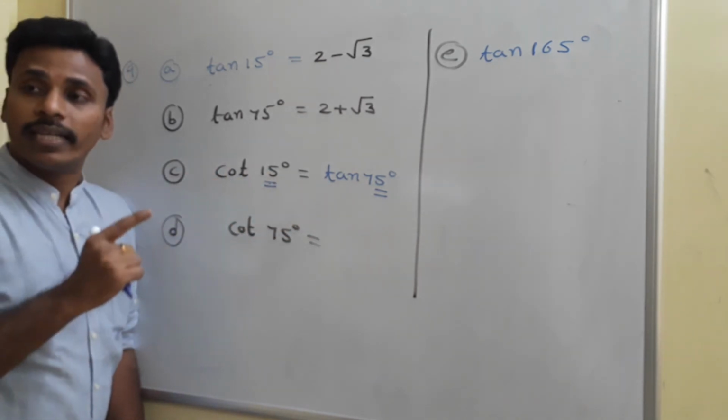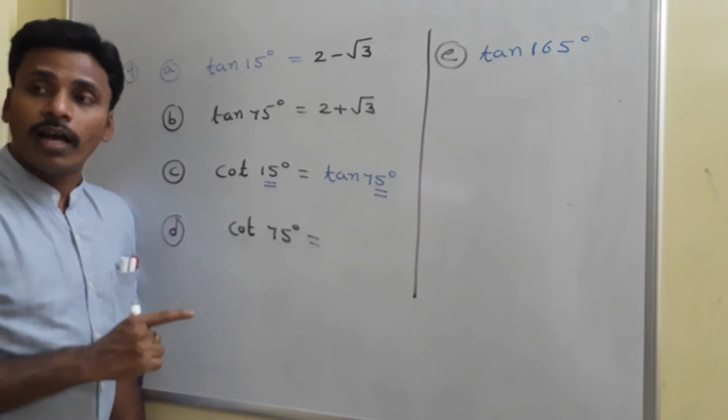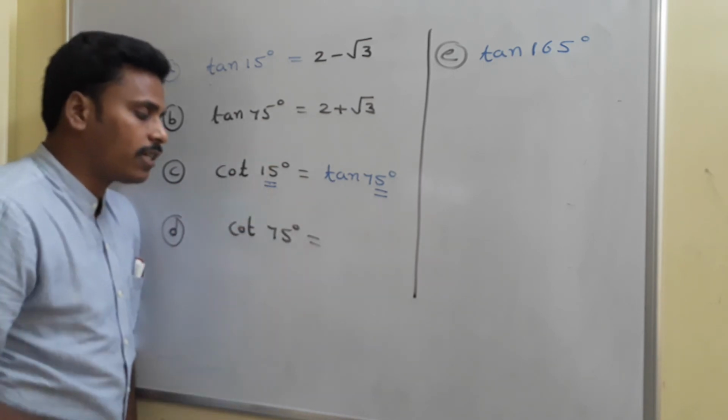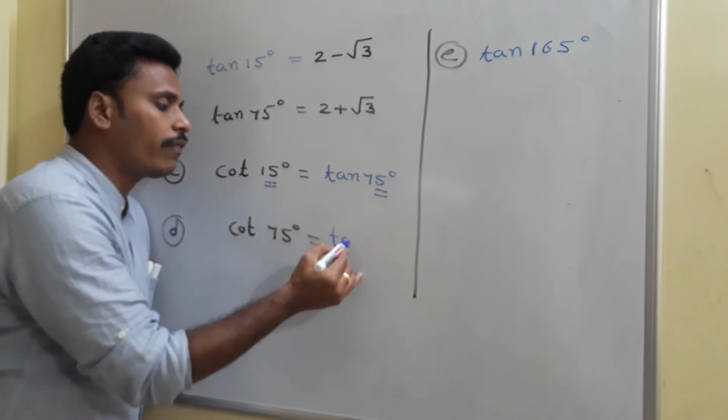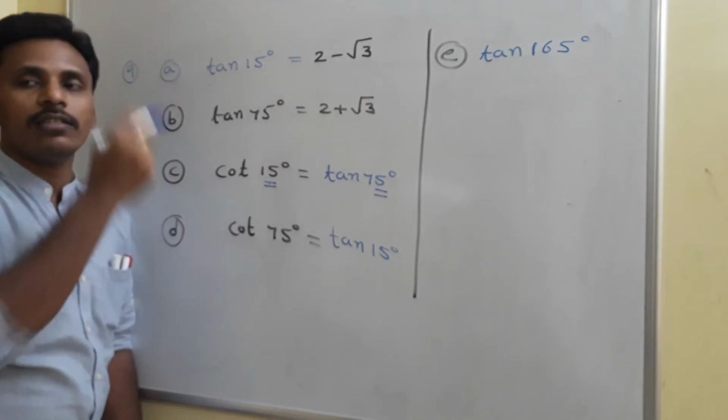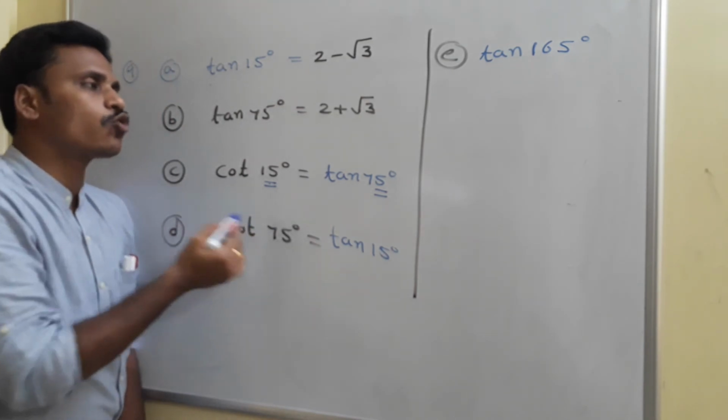If alpha plus beta is 90 degrees, tan alpha is cot beta. With that logic, cot 15 will become tan 75 and cot 75 will become tan 15. If you memorize these angles, you can easily answer these two also.